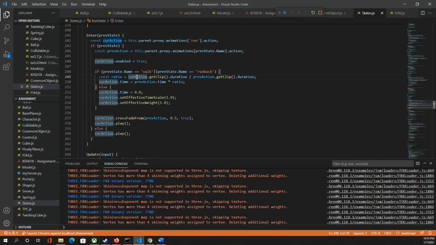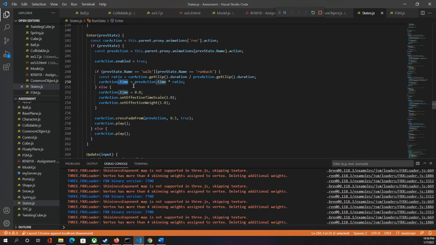So we find this ratio, the duration of those 2 clips, by dividing the current action duration by the previous action duration, and then we take the time of the previous action when it exited the previous state, and multiply it by this ratio to find a starting time of the current action.